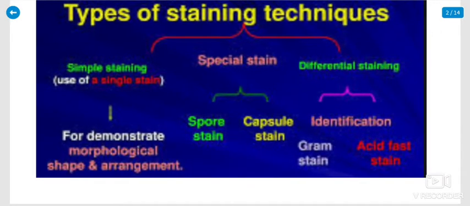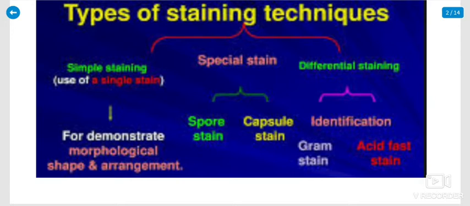These are the types of staining techniques. There are two major types. Number one is simple staining, that is use of a single stain, and another one is differential staining.